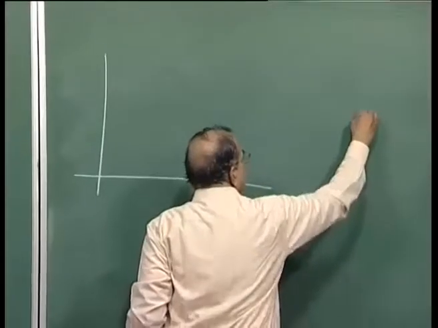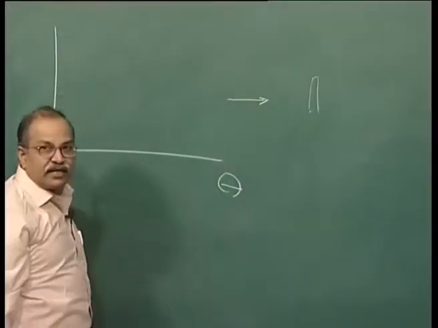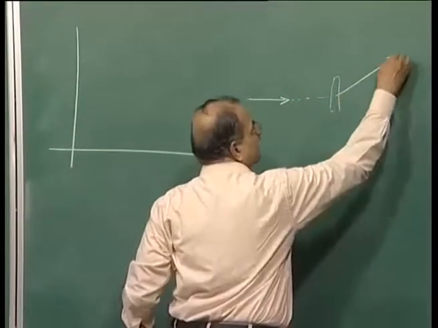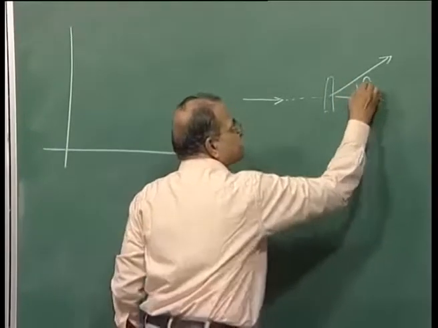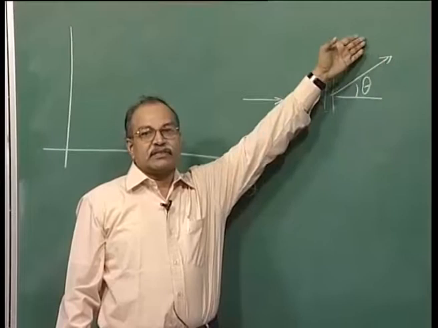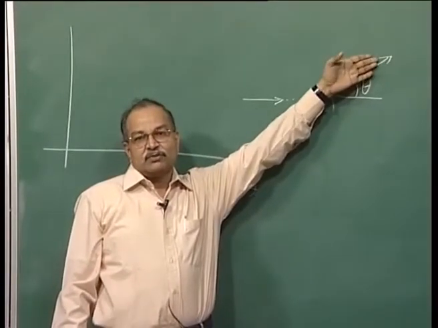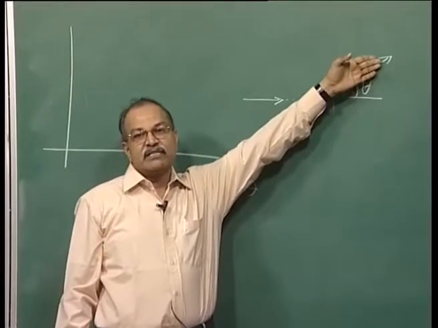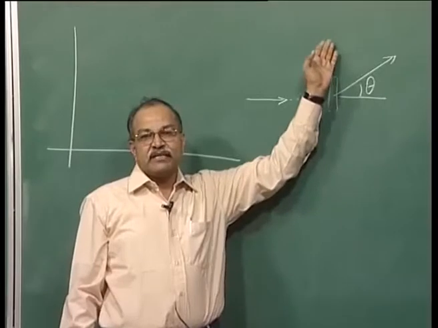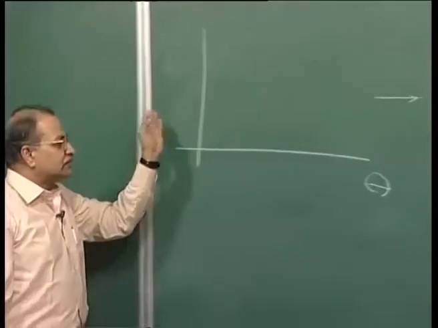So, here you have some sample, and the electrons initially are going in this direction, and then after scattering they go in some other direction, and this is theta. So, you put your detector at this theta, at some other theta, and then some other theta, and for a fixed time you count how many electrons are coming here, how many electrons are coming here, and then as a function of theta you plot that number. So, essentially that is this graph.